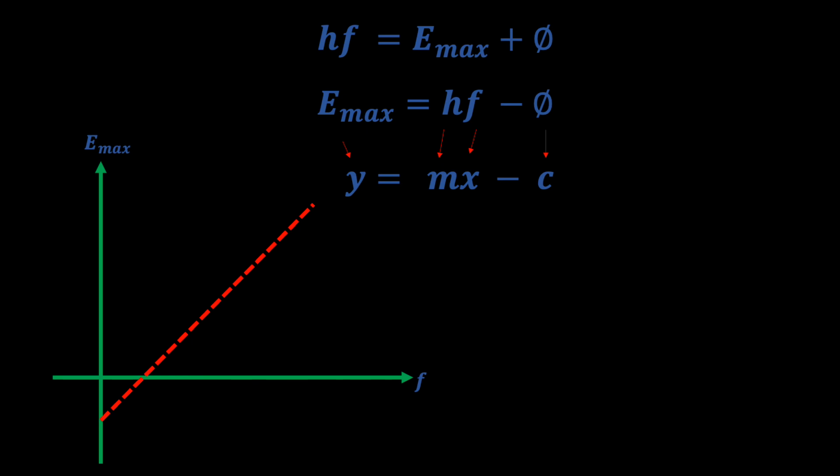This is in accordance with the above equation, as y is equal to the maximum kinetic energy and x is equal to the frequency of light. Note that the gradient of the line is equal to Planck's constant. The y-intercept is equal to the negative work function and the x-intercept is equal to the threshold frequency.